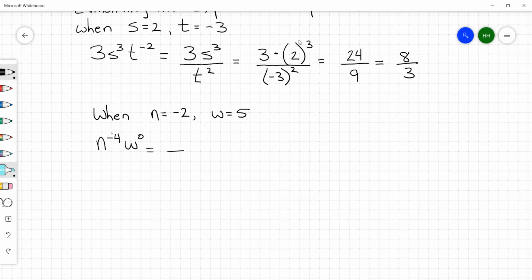This n to the -4th has to go to the denominator and become n to the +4th. W to the 0, anything to the 0 power equals 1. So now we've got 1 over -2 to the 4th. And in your calculator, you can type -2 raised to the 4th, push equals. So this will be 1 over 16.